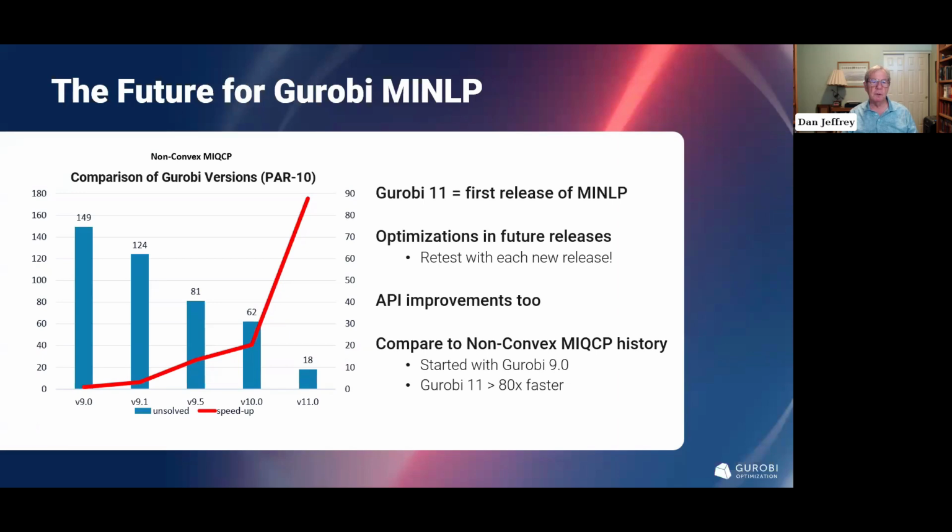We provide nonlinear constraint APIs only. So you can't put the nonlinear terms directly in the objective function. You have to assign them to variables and put those into the objective function. So our APIs only support nonlinear constraints.